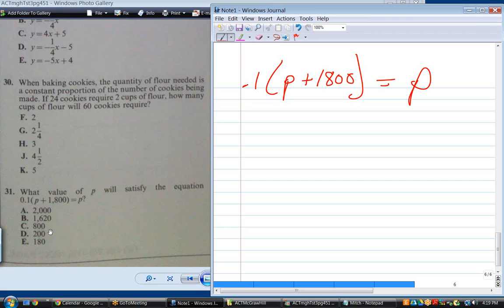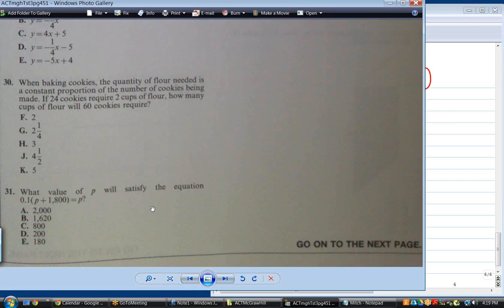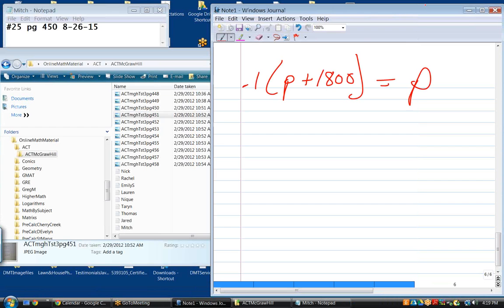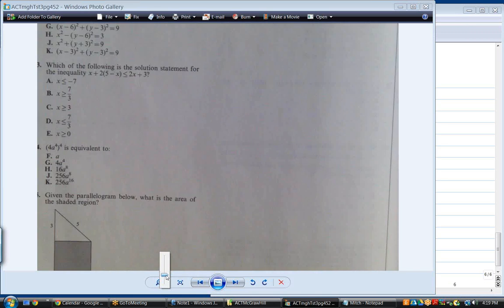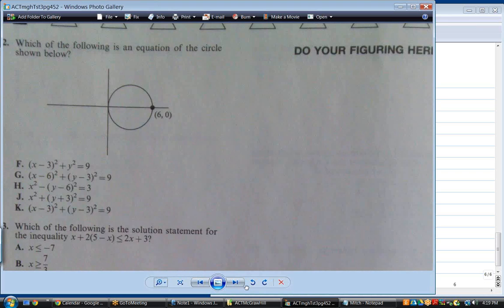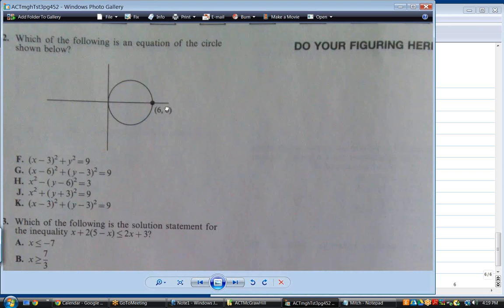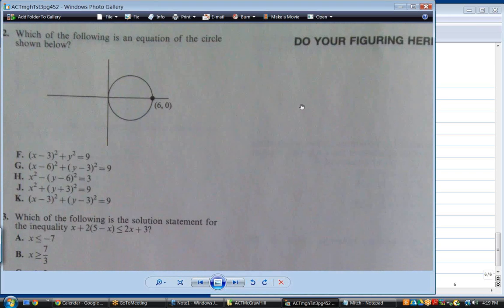But the quicker way is obviously the algebraic way. And that's really what it's all about on the ACT. It's not so much using one method over another, it's using the method that's going to give you the answer the quickest.